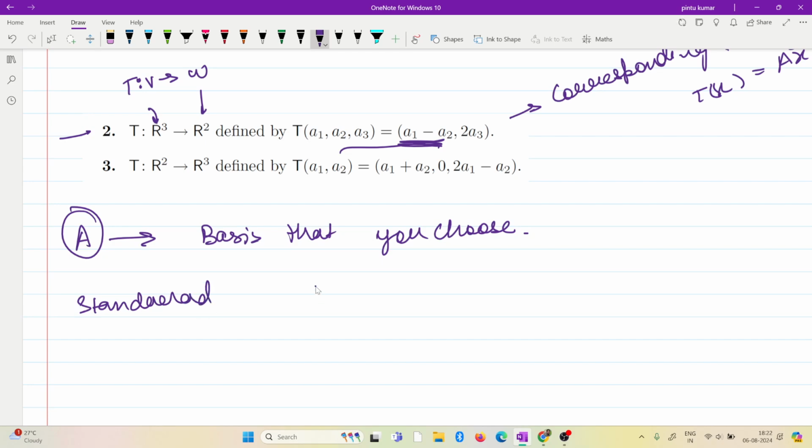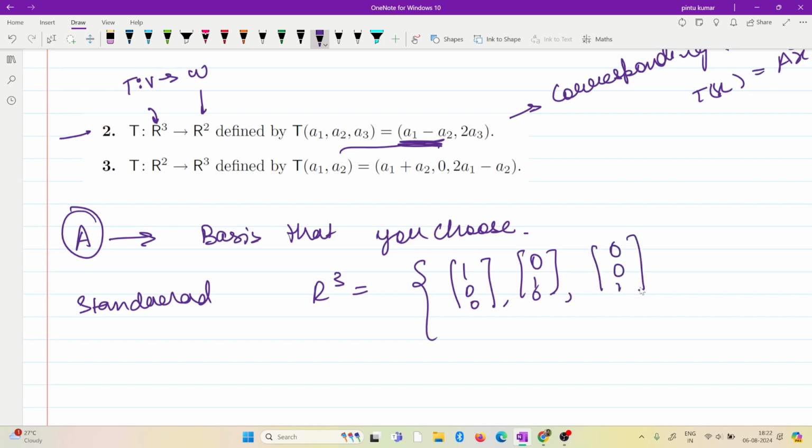The standard basis for R3 is (1, 0, 0), (0, 1, 0) and (0, 0, 1), right? And for R2, it is (1, 0) and (0, 1).